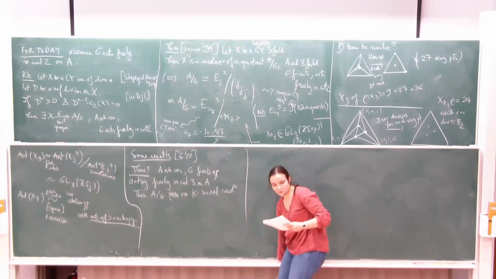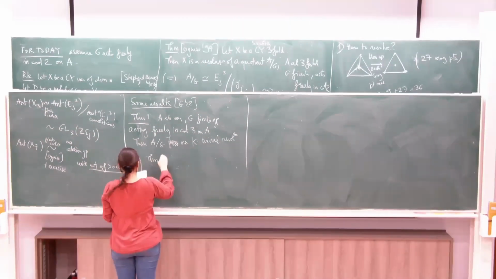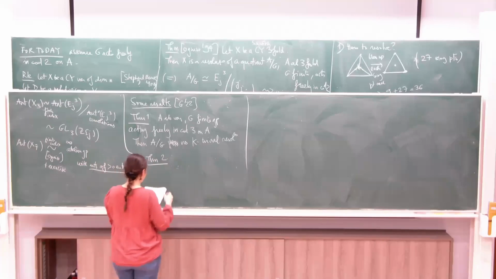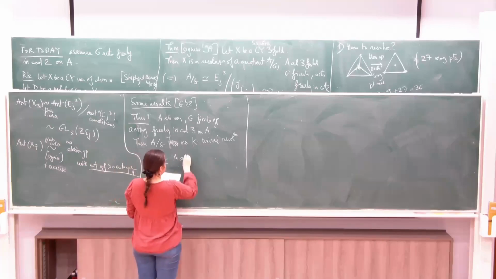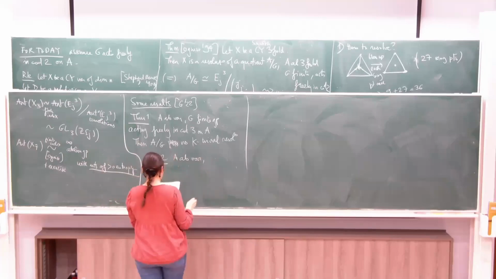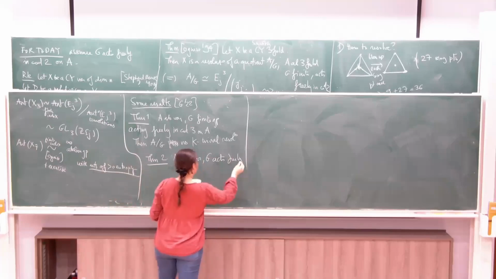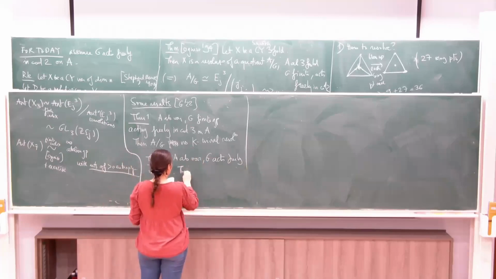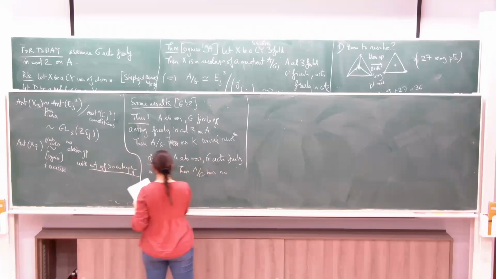So let's keep trying. Theorem 2. So let me be honest and maybe rethink in the order in which I thought about it. So theorem 2: A an abelian variety, G acting freely in codimension 2. Then A mod G has no symplectic resolution.